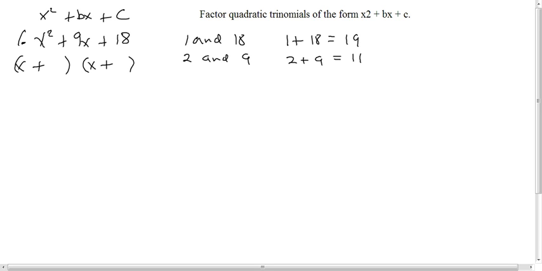So the next factor pair will be 3 and 6, and if you take 3 plus 6, it indeed equals 9. Because both of these are positive, it doesn't matter how you put them. I put the 9 in there inadvertently, so let's go ahead and take it out.